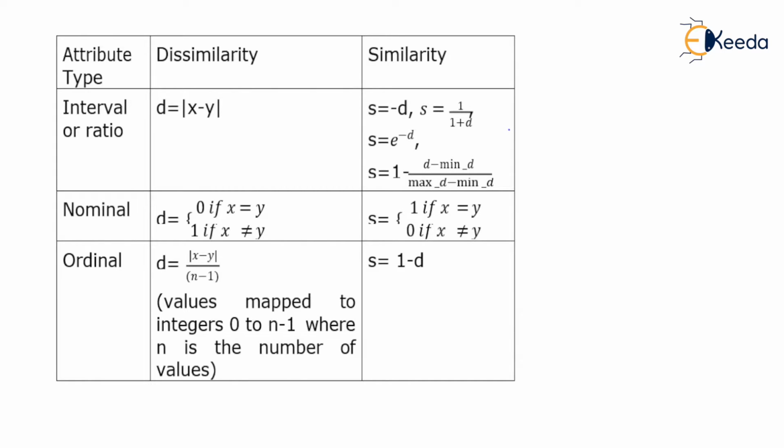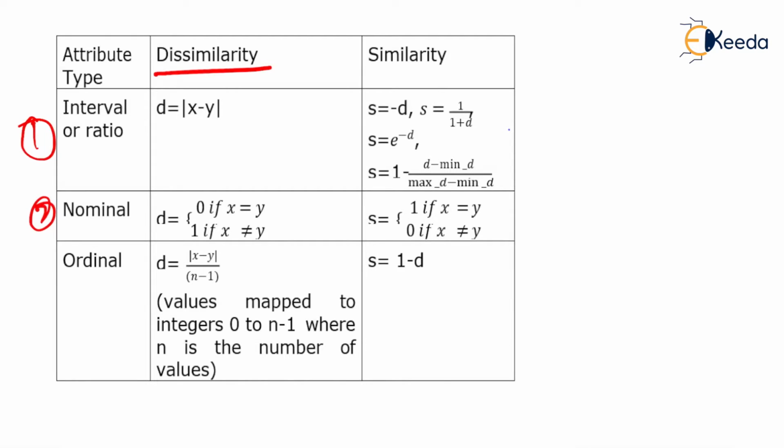In this table, we have the attribute types: interval or ratio, nominal, and ordinal. In interval and ratio, when calculating dissimilarity, we calculate d = |x − y|. When calculating the similarity, s = −d, or s = 1/(1 + d), or s = e^(−d), or s = 1 − (d − min d)/(max d − min d). This we do when working with interval or ratio.